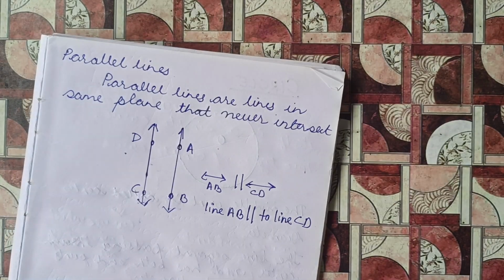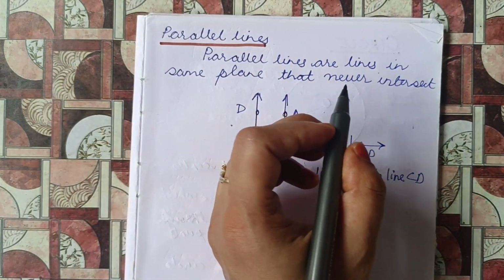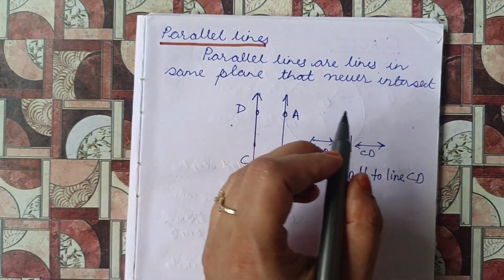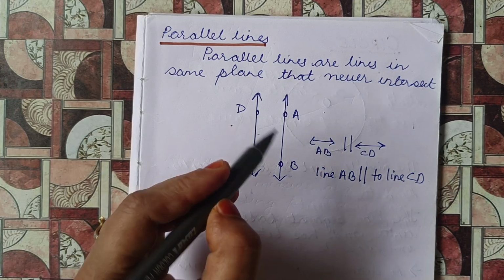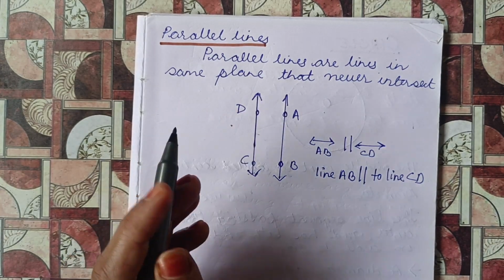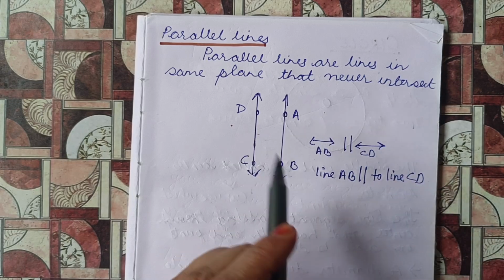Now let's know what a parallel line is. Parallel lines are lines in the same plane that never intersect. These parallel lines do not intersect each other. Here we see that these two lines are parallel to one another, but they do not intersect.